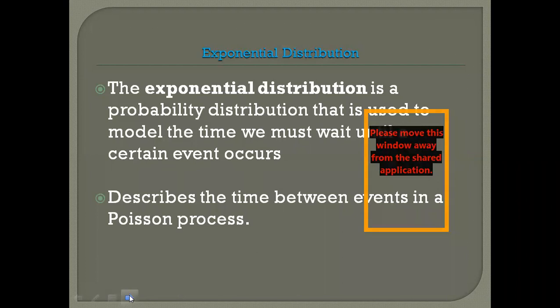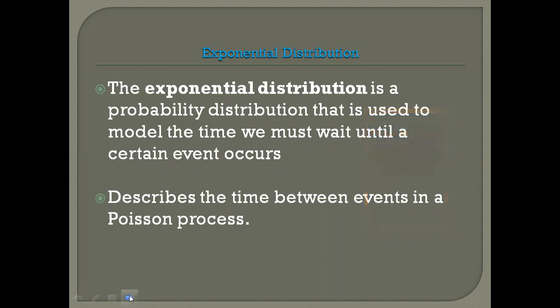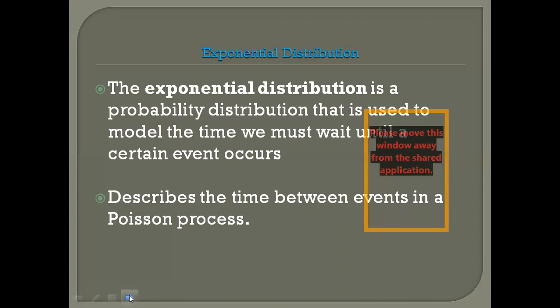Then one more distribution related to Poisson is called the exponential distribution. Before we take a break, let's finish this. The exponential distribution is the probability distribution that is used to model the time we must wait until a certain event occurs. This is all related to the Poisson distribution.